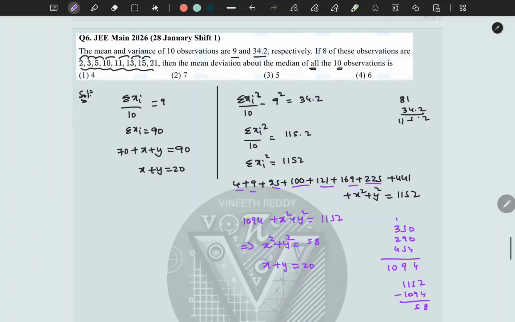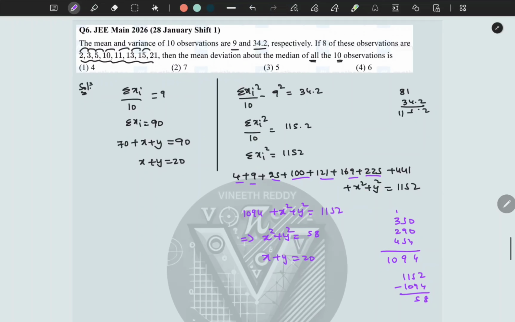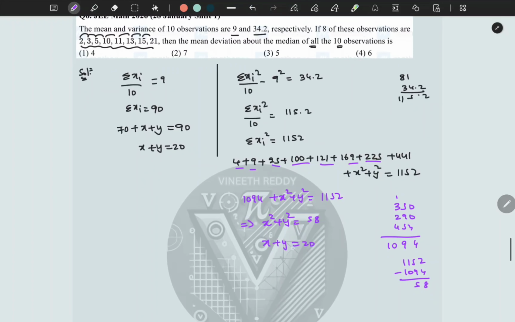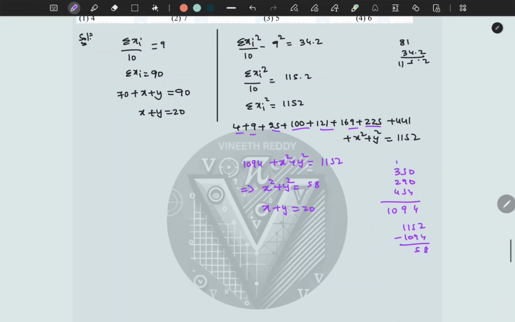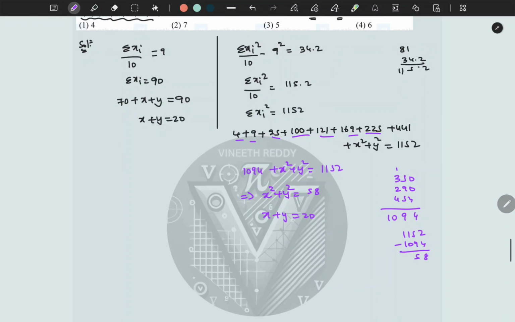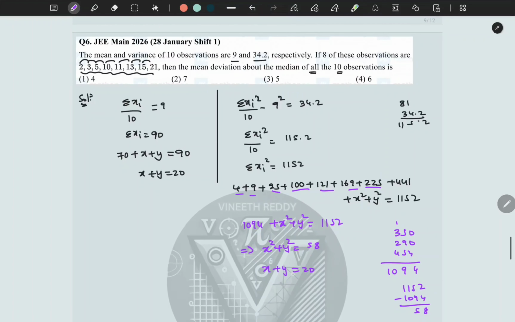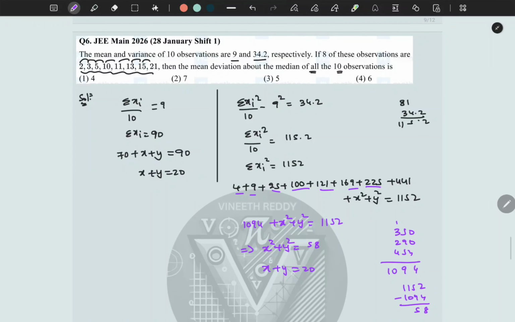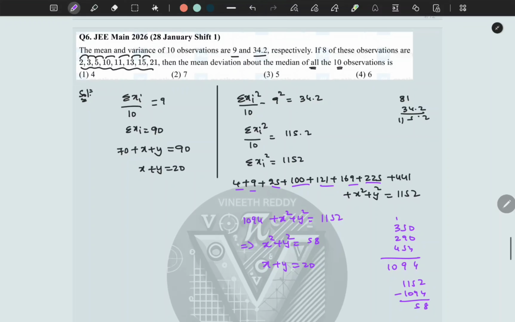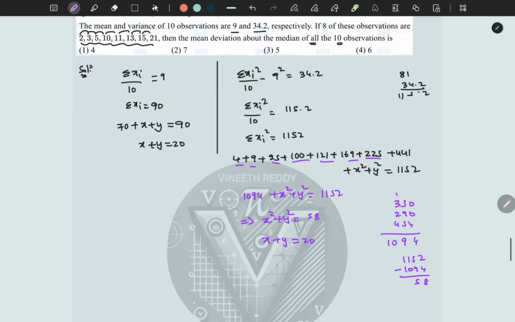Dear students, since the variance is a decimal, can we still guess the numbers x and y? Yeah, mean is 9, right? X plus y is 20.